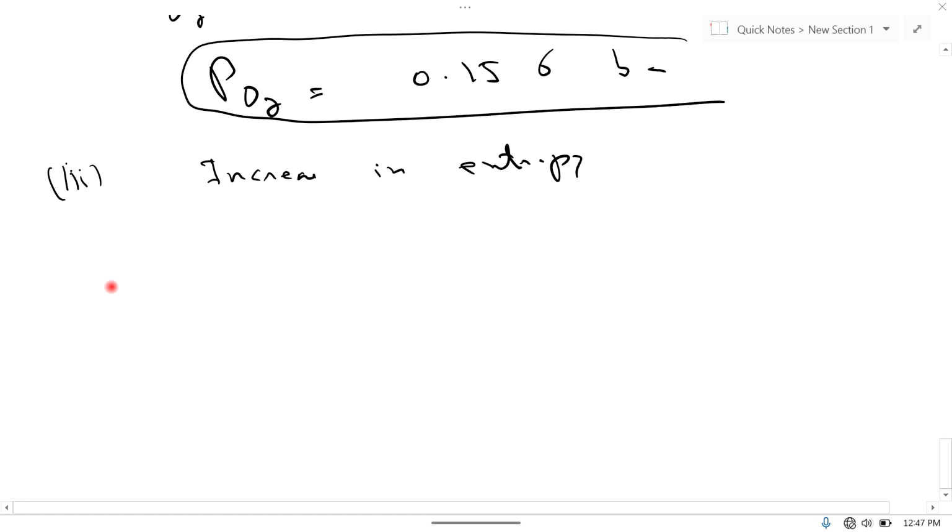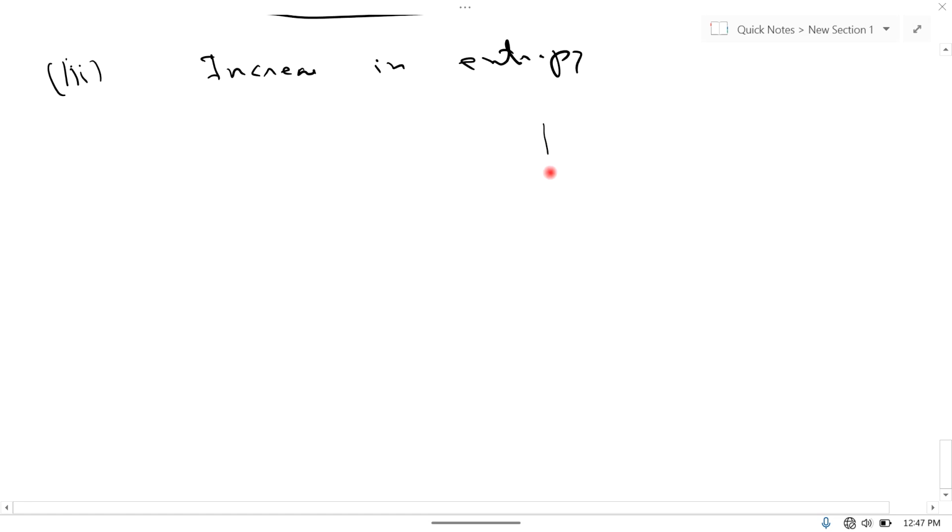So we cannot directly find entropy change. So for this we divide the process into isentropic and constant pressure and constant volume processes.